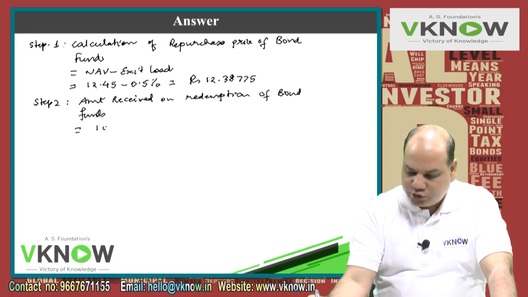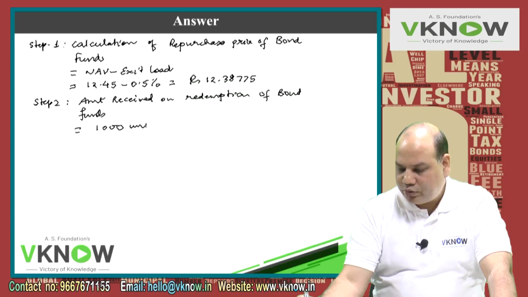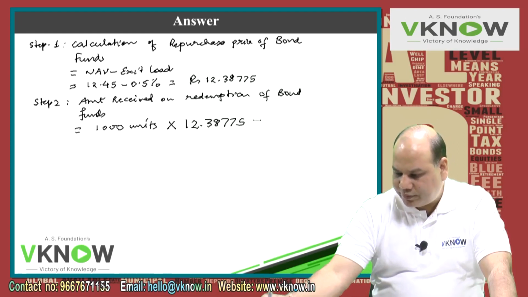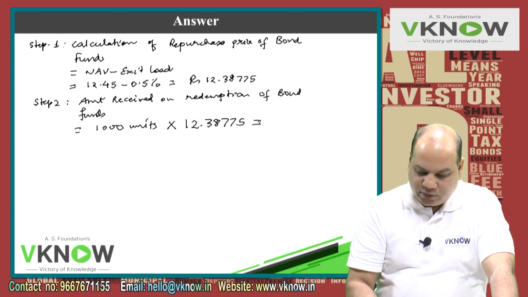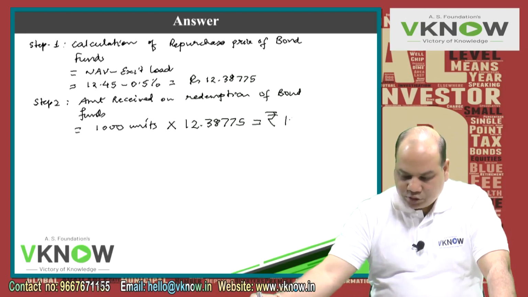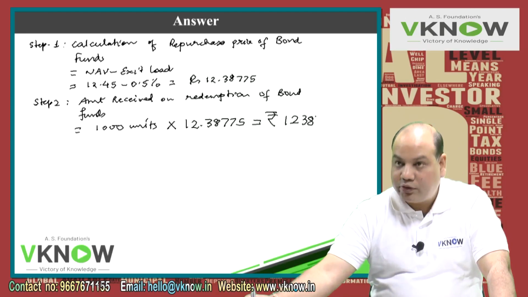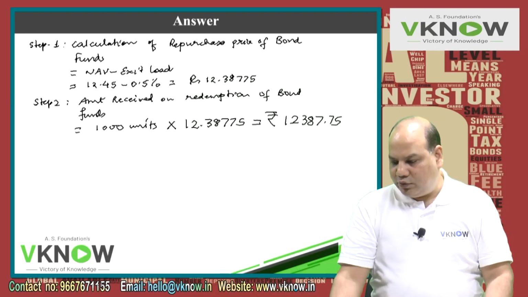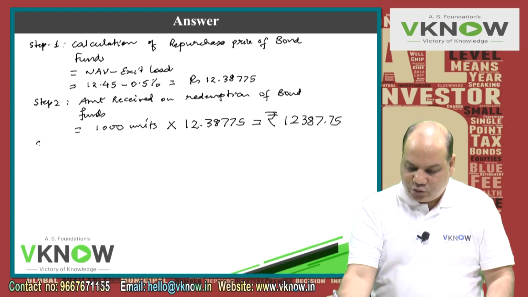You have 1000 units. 1000 units into 12.38775. So multiply by 1000 unit. So now you have rupees 12,387.75. So they will give you 12,387.75. This is how they do the calculation in case of switch.